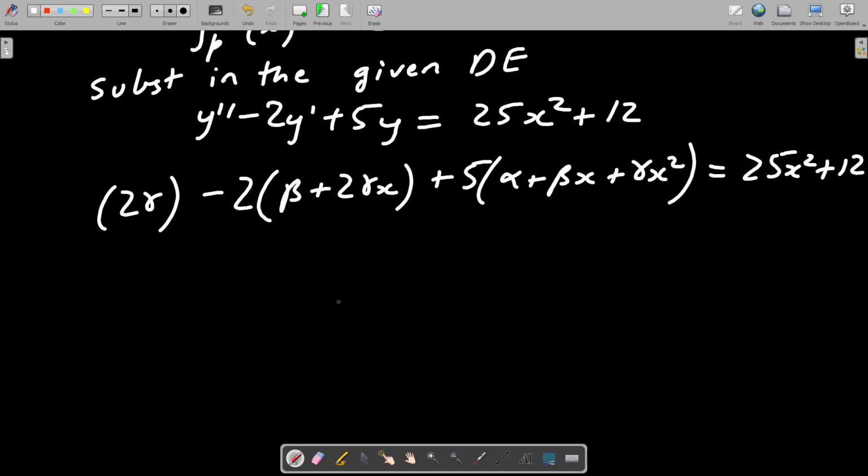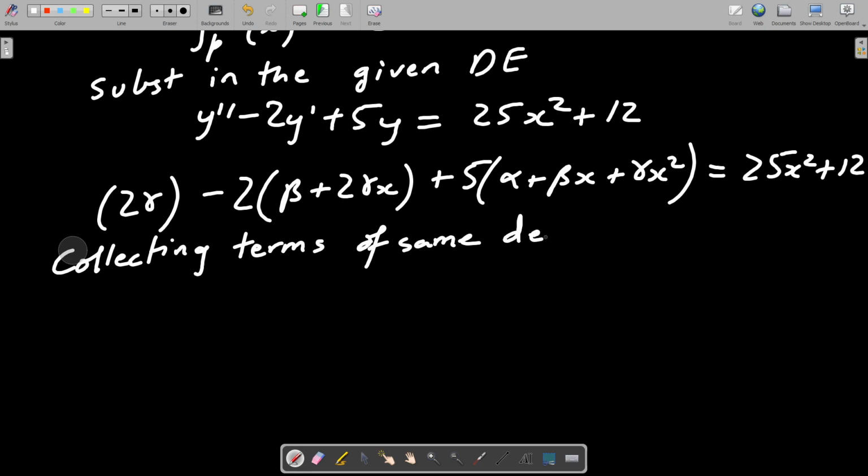Clear? So now collect the terms with like powers together, the terms of the same degree. x square gets 5 gamma.